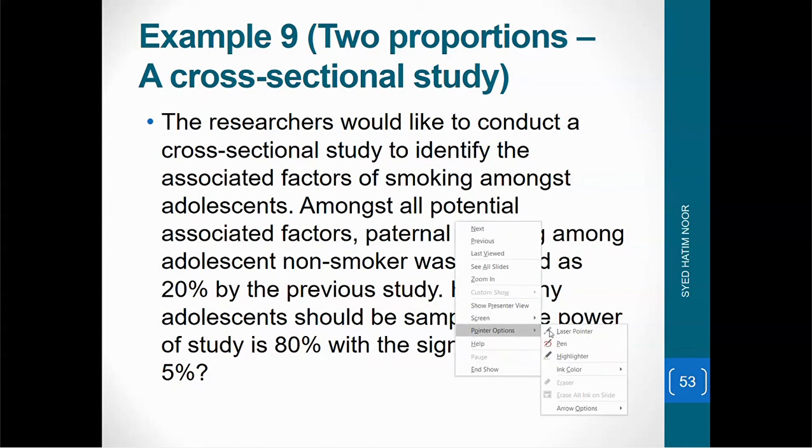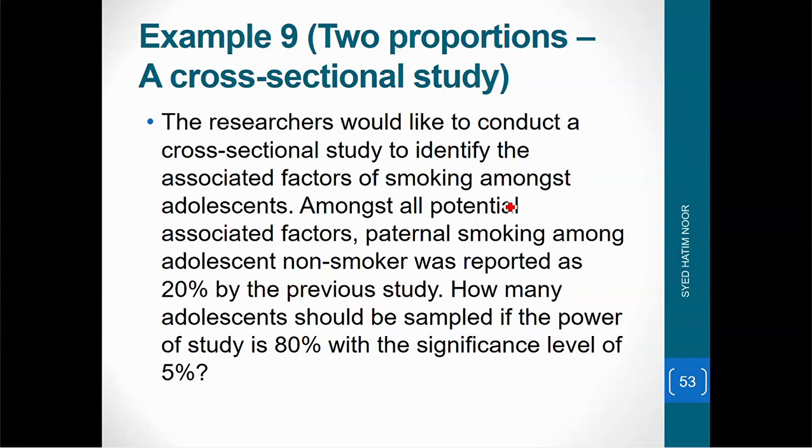If you notice here, it gives only the value for non-smokers. Non-smoker, that means P0 or P1? P0, right? So this is P0 because it is the control, non-smoker. They don't give any value for P1.